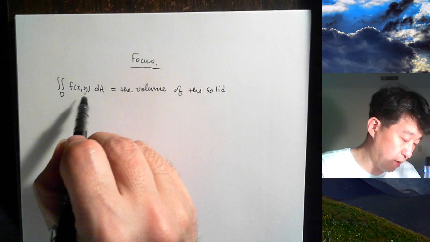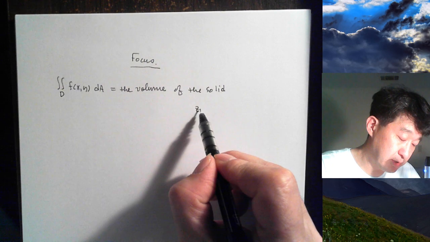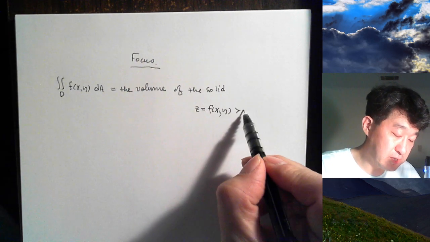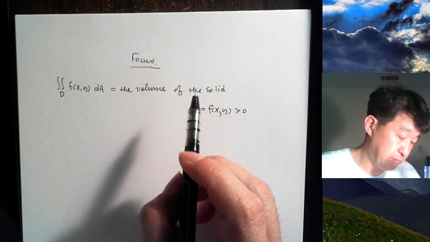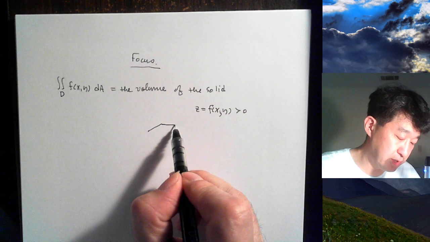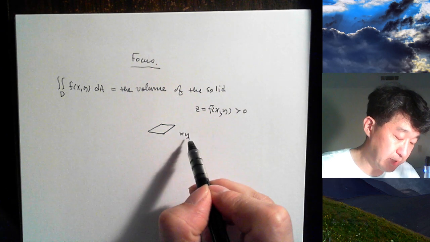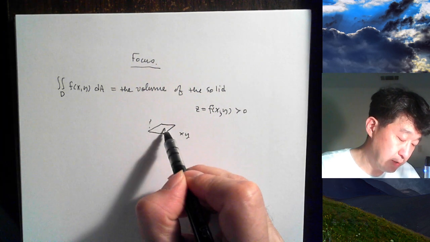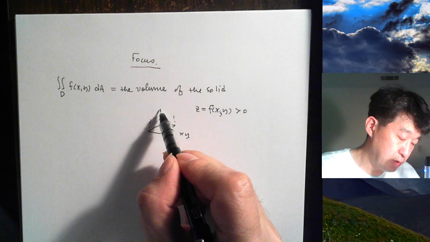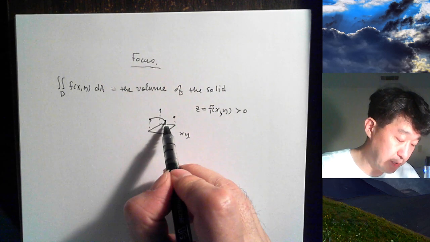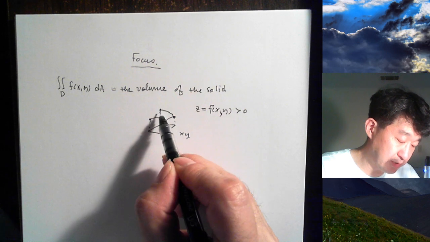Suppose this is the graph of z equals f of x, y. Suppose that this is always positive for a certain region. So our region, this is supposed to be now a three-dimensional view. This is an xy plane there, and over it, for each corner, you have different z values, and the graph will generate something like this.